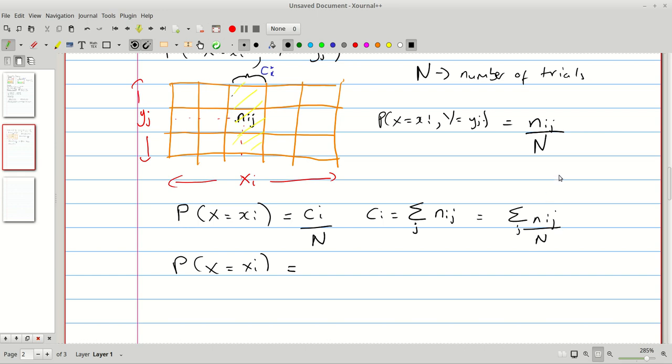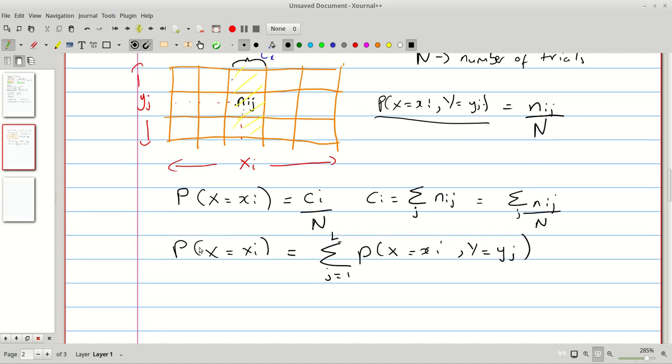But we know nij over n is actually equal to this thing here. So we can write this as the summation from j equals 1 up to L, which is over j essentially, of p(x = xi, y = yj). We just replace this nij over n with this probability here.